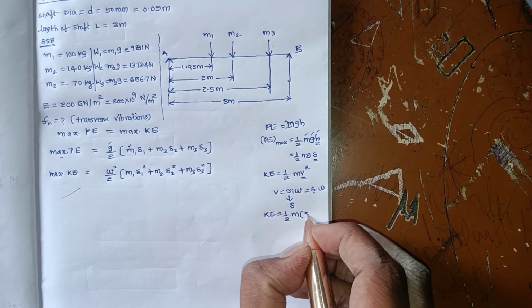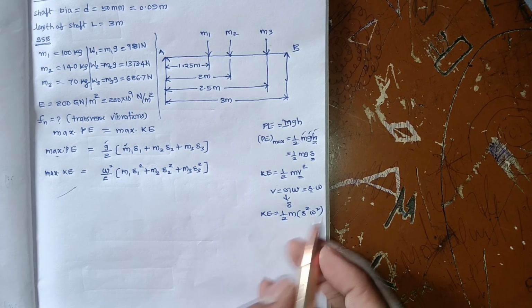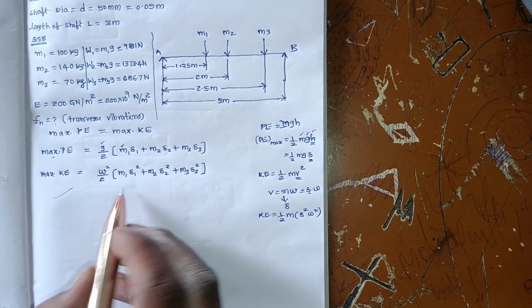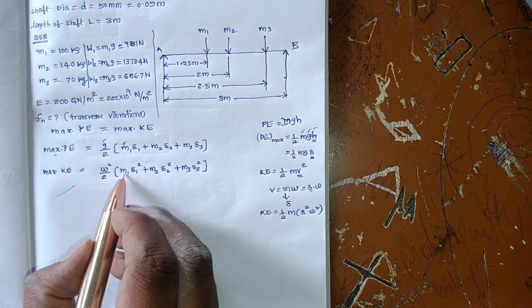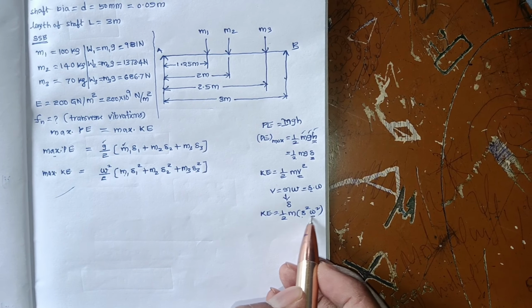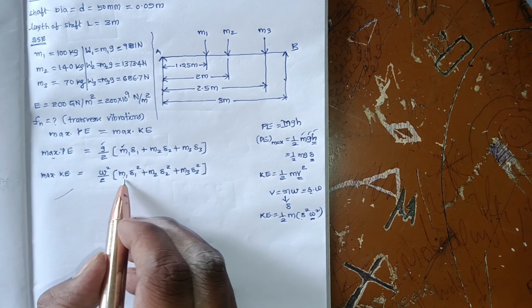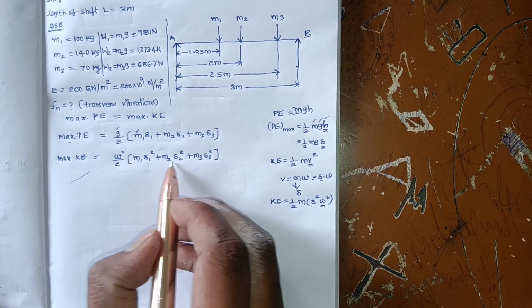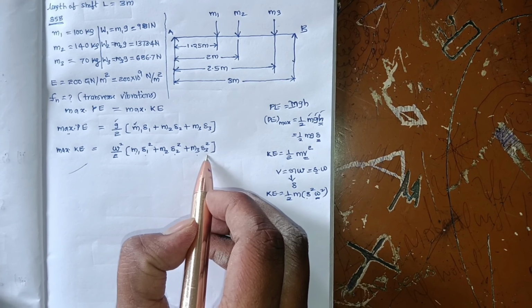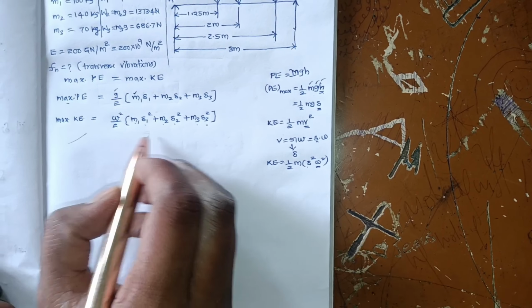So delta square omega square. Here omega, the angular velocity, is constant for all the values. Let us take it outside. Then the remaining are m1 delta 1 square, m2 delta 2 square, m3 delta 3 square. So this is the maximum kinetic energy formula.